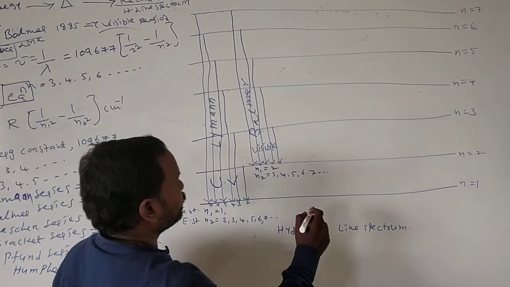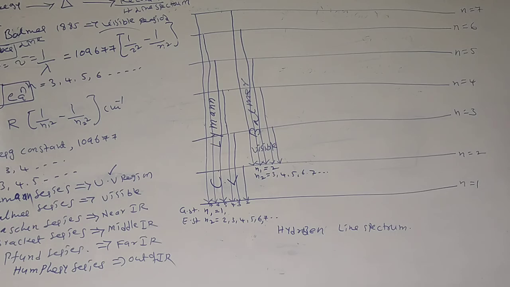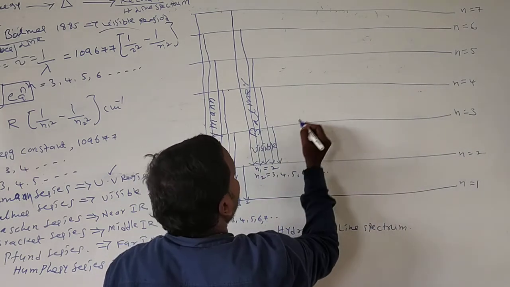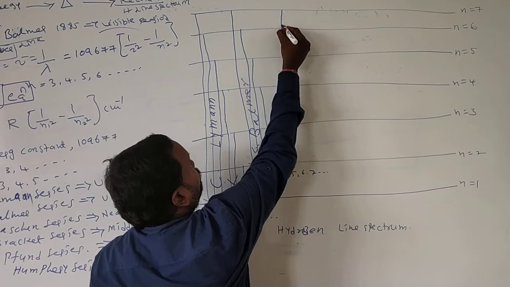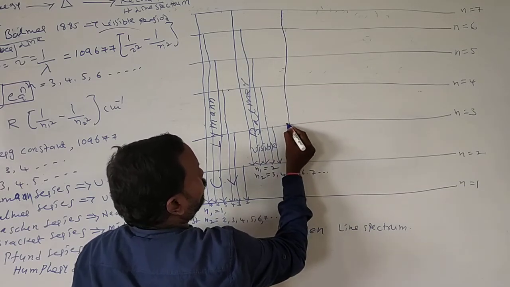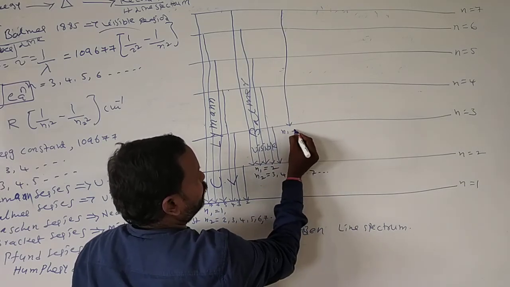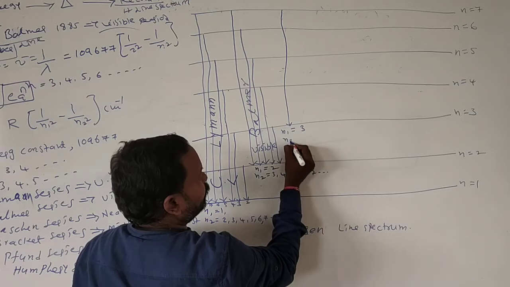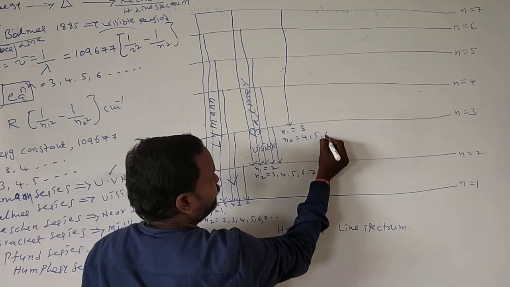Next, if an electron jumped from a higher energy level to the 3rd energy level, 7th to 3rd, here n1 is equal to 3, n2 is equal to 4, 5, 6, 7, and so on.